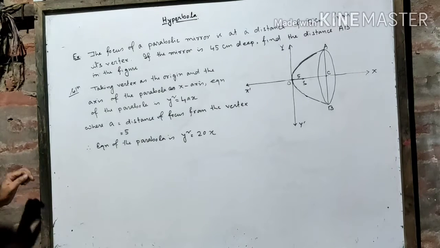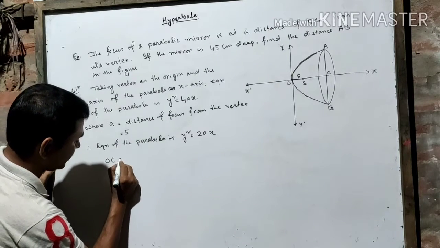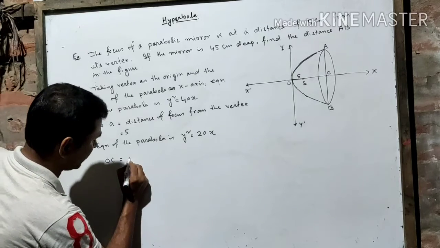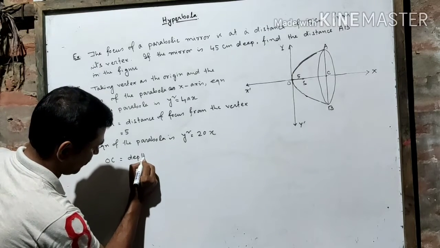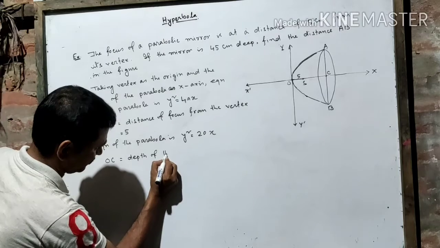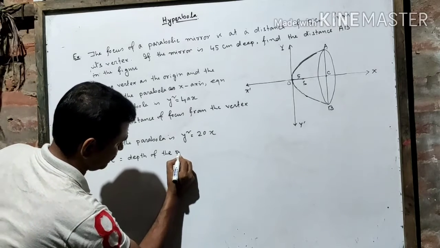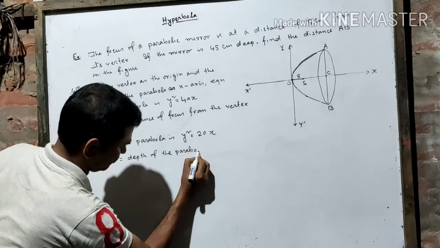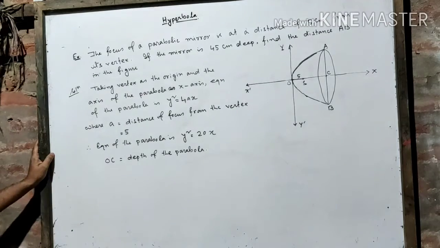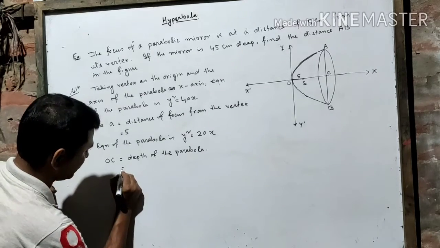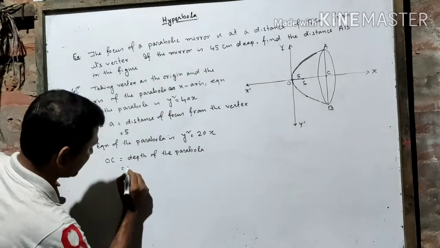Now, OC is equal to the depth of the parabola, which is given to be 45 centimeter.